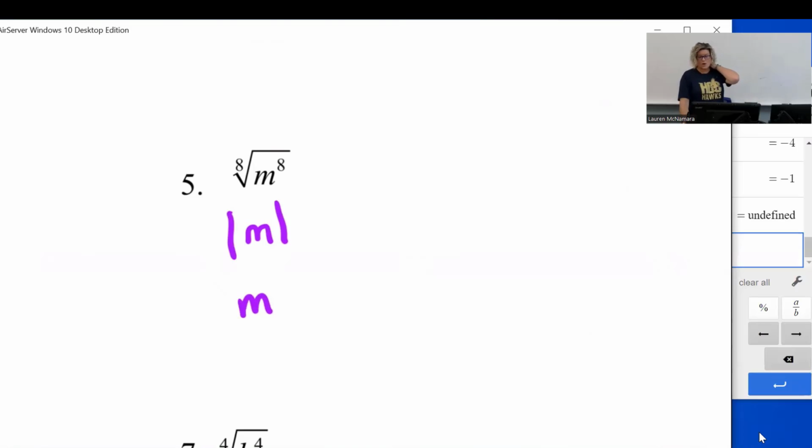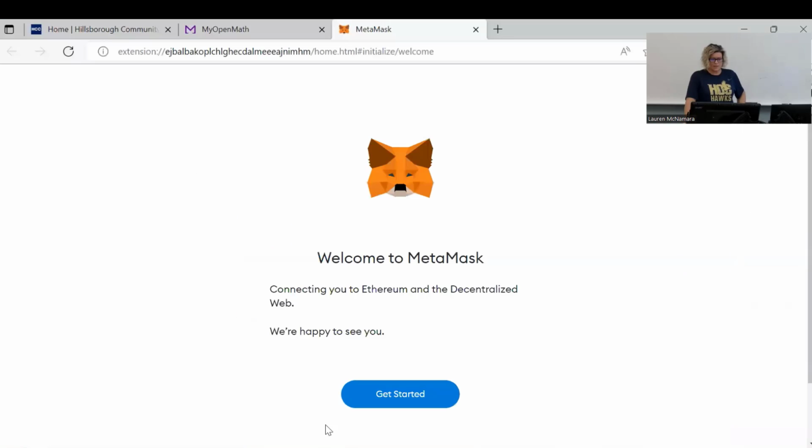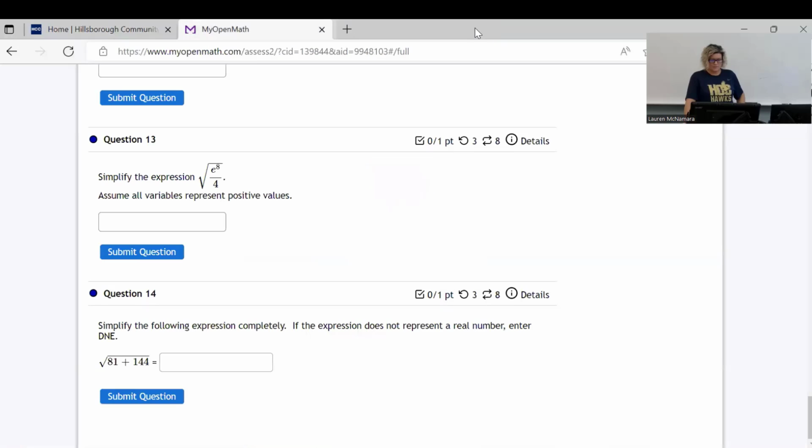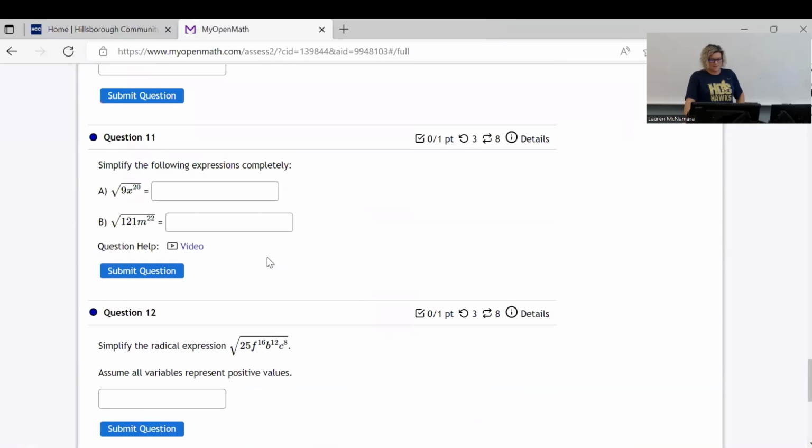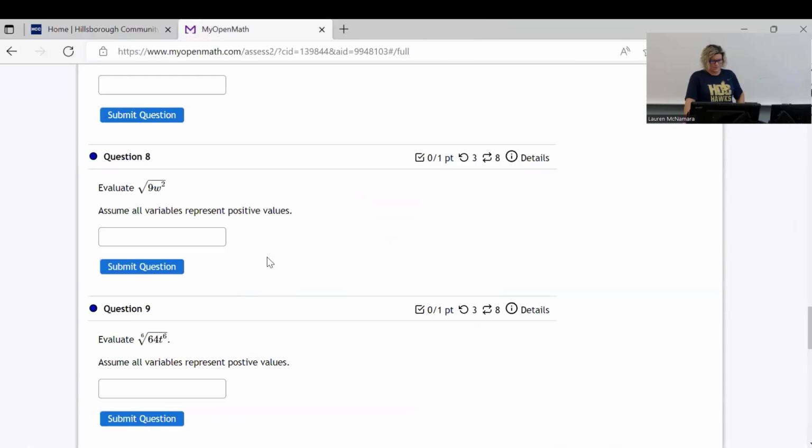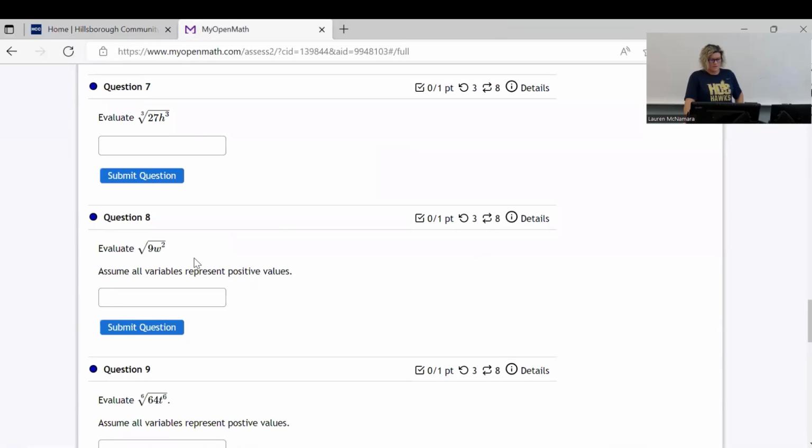So let's look at why you're just going to be writing just m. So if I click on here, as an example, let's look here. I have the square root of 9w squared. It says assume all variables represent positive values.